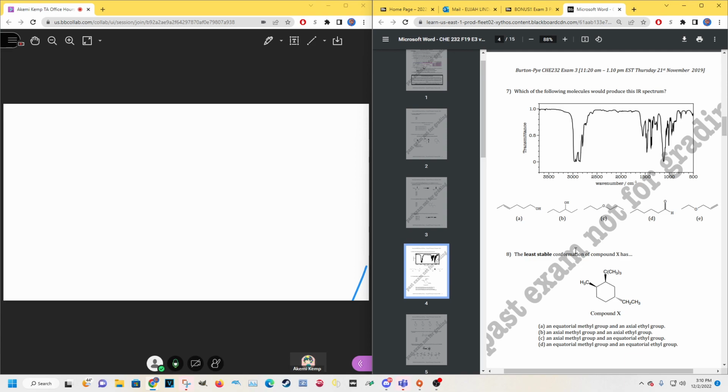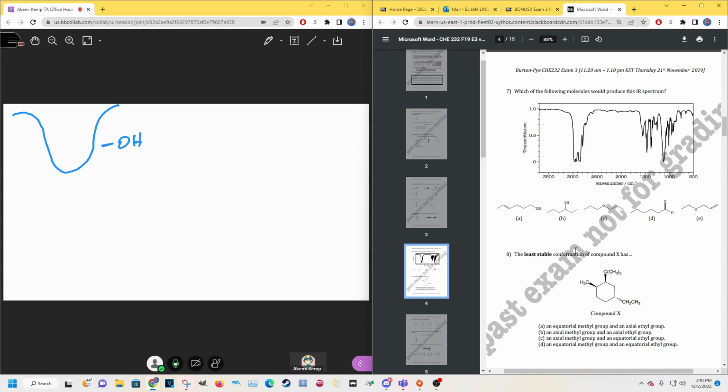Now, when it comes to charts like these, we already told you specific signals to look out for. Around the 3000 region, if you see a broad tongue, this lets you know that there's an alcohol involved, so an OH bond.